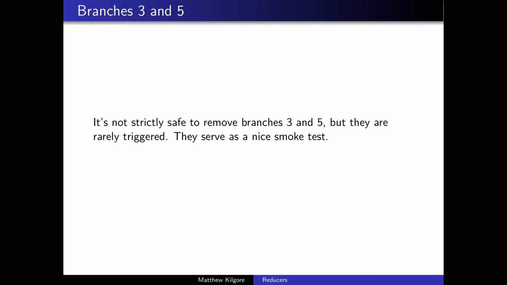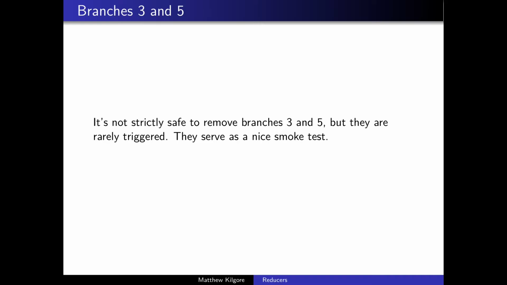Now, branches 3 and 5, we cannot, strictly speaking, remove them safely. They do play a part, but they are almost never triggered. 3 obviously doesn't occur unless we have the tool running, and 5 is a mistake that programmers very infrequently make.